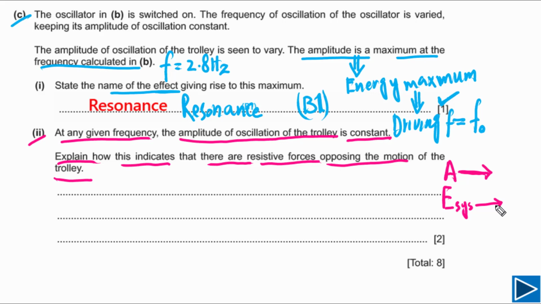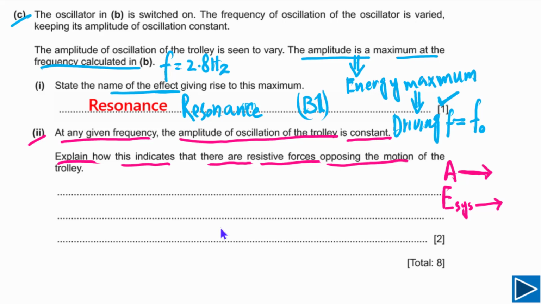So what exactly does it mean? It means that energy has been transferred into another form, or work is done against resistive forces. That's the reason the energy of the system is not changing. The system is not absorbing energy, but the energy supplied by the oscillator is doing work against resistive forces.